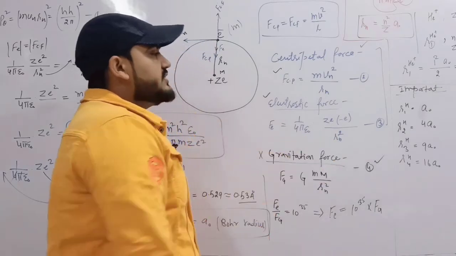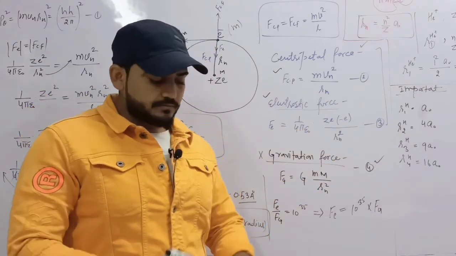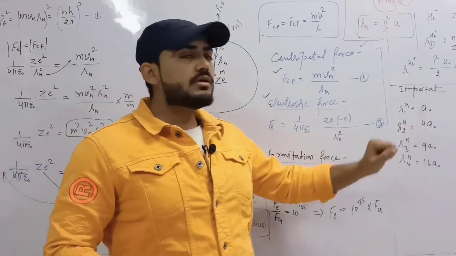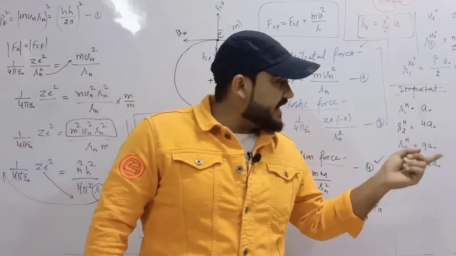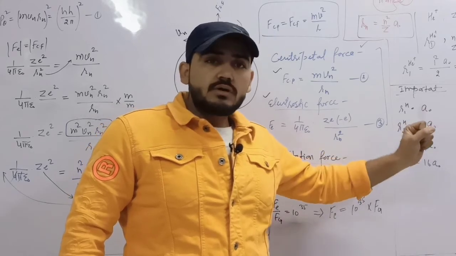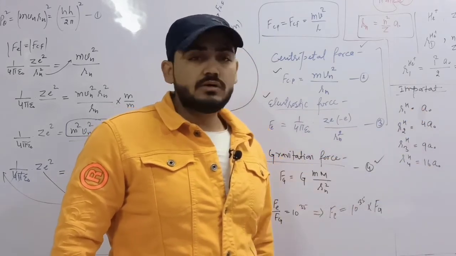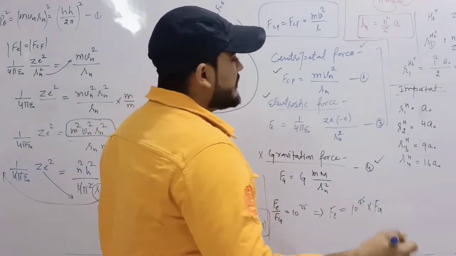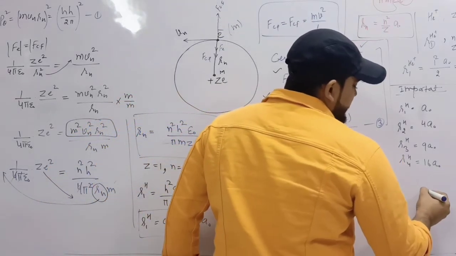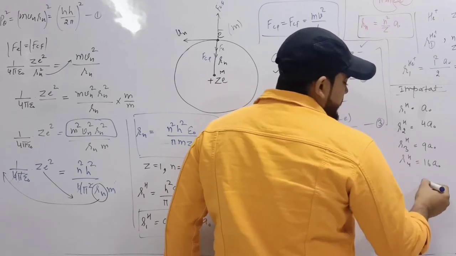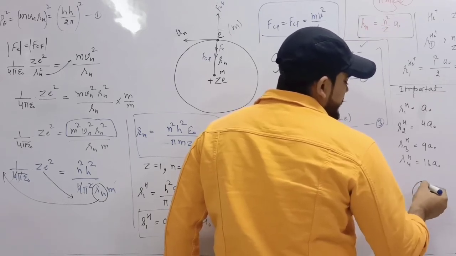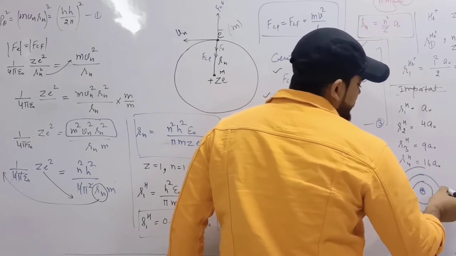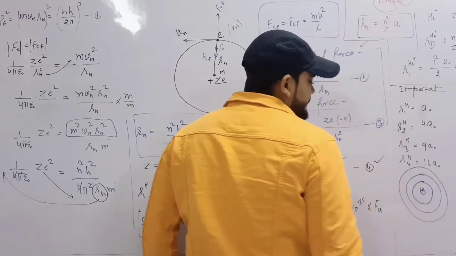Now using these values, that is for hydrogen atom, the radius of first orbit, that is Bohr's radius, this is A naught, and for the second orbit the radius is 4 A naught, and for the third orbit this is 9 A naught, and for the fourth orbit this is 16 A naught. So we can draw here, if this is nucleus, this is first orbit, this is second orbit, this is third orbit, clear, and so on.